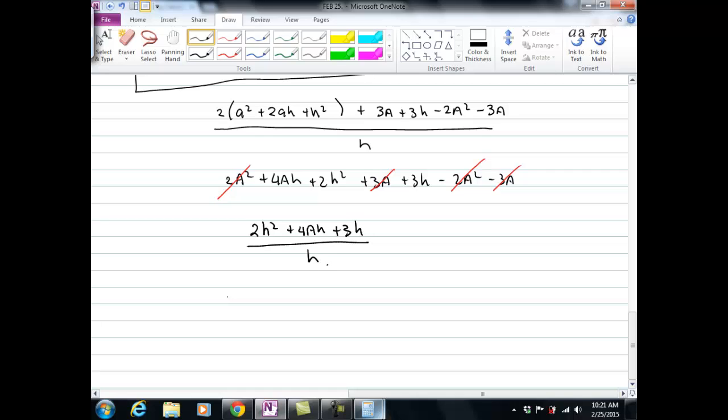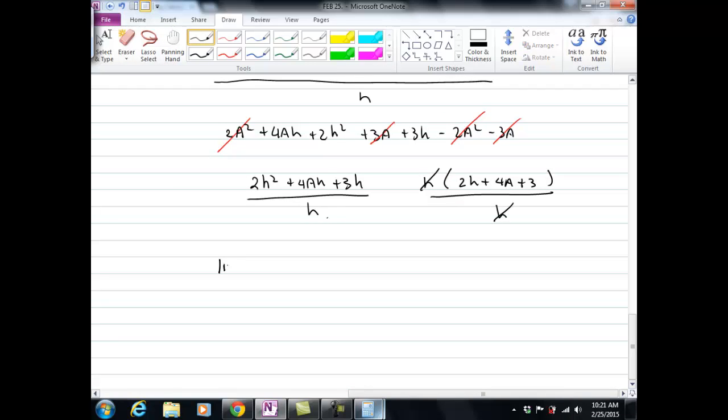I see the top, I can factor out an h. I factor out the h, which gives you 2h plus 4a plus 3 over h. This h cancels. Therefore, the moment that cancels out, life is good, because then I can sub in the value for h now. The limit as h approaches 0 of 2h plus 4a plus 3. If I did this correctly, you should have 4a plus 3.